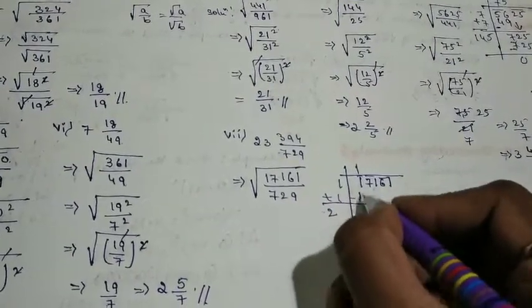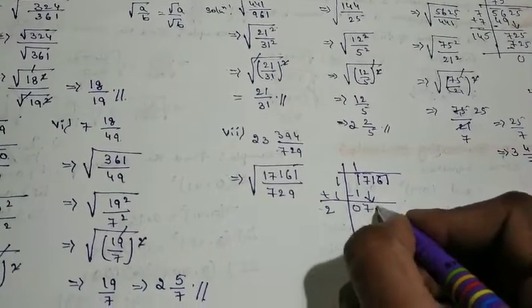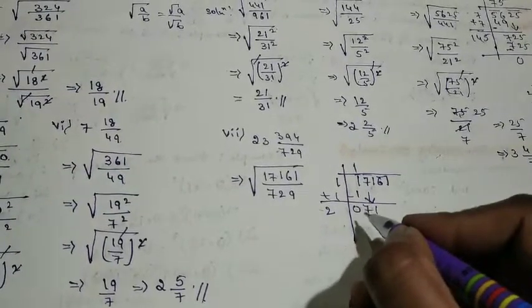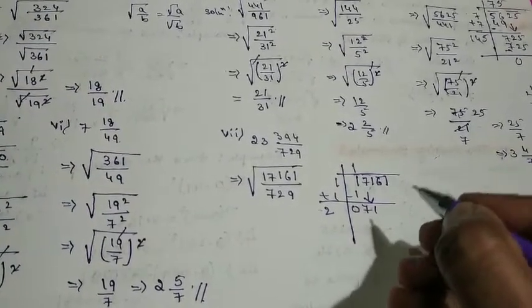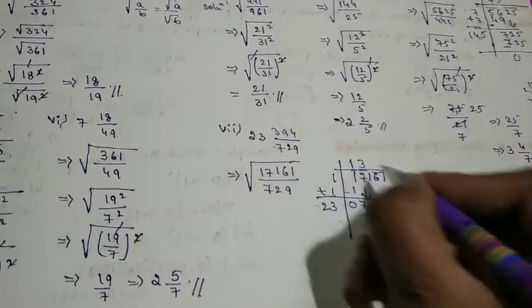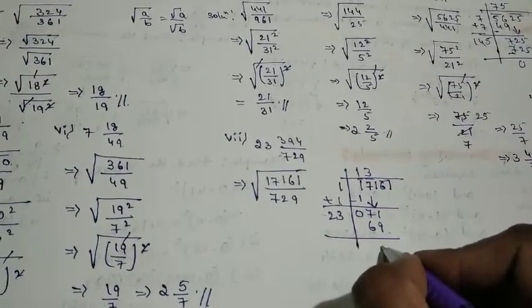Then 1 minus 1 is 0 in the remainder, and bring down the next period 71. Then 21 ones are 21, 22 twos are 44, 23 threes are 69. So I'll go for 23 threes are 69. Then the remainder is 2.